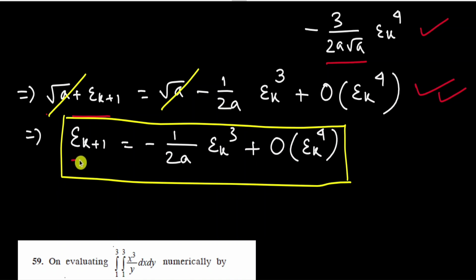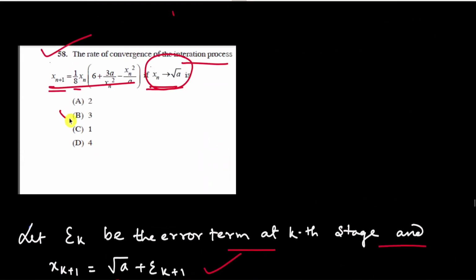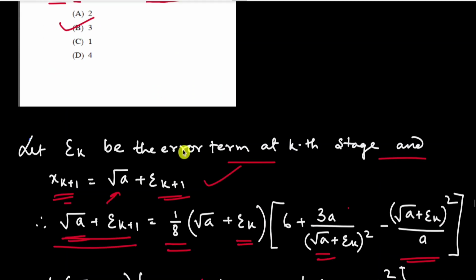Therefore we can write epsilon(k+1) equal to minus 1 by 2a epsilon k cube plus order of epsilon k to the power 4. So from this it is clear that the rate of convergence of the iteration scheme is 3. So it is third order convergence. So here option B is correct. The rate of convergence is 3.